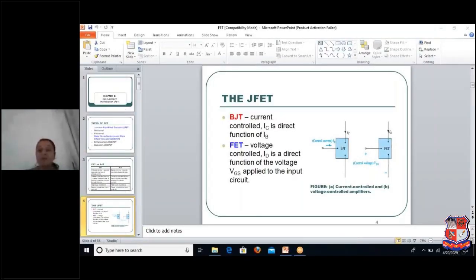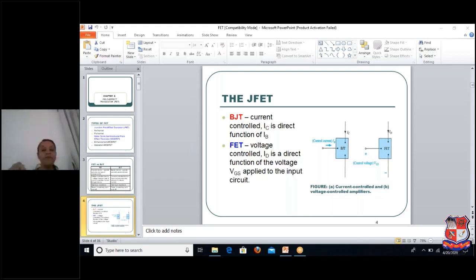Okay, so BJT, you can see that the BJT generally has 3 terminals. All of you know the terminals of a BJT: collector, base and emitter, right? So whenever the current is controlled, IC is a direct function of IB.